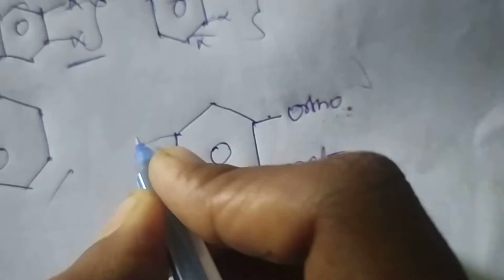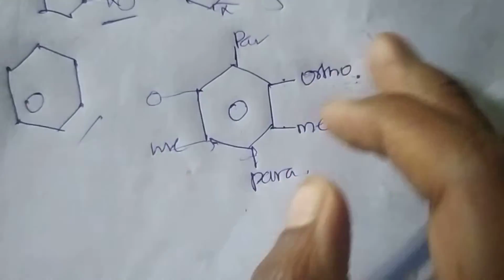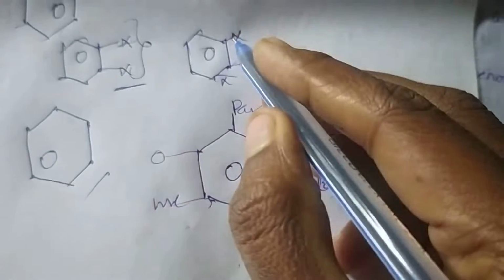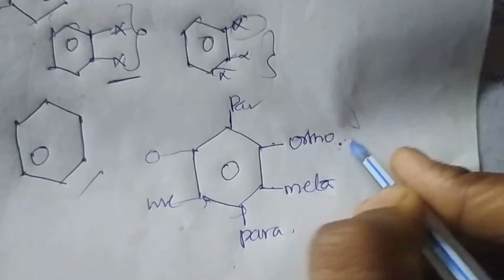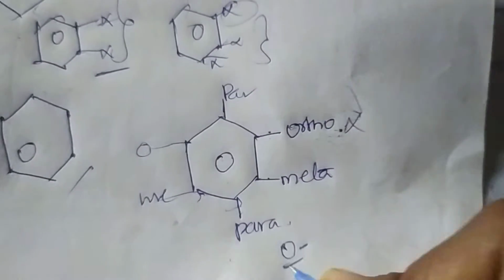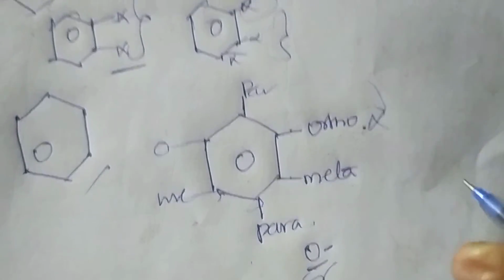So when substituents are attached, for example, this X atom attached in the ortho position, for the naming we should give O. First start with the name, so we can discuss in detail.